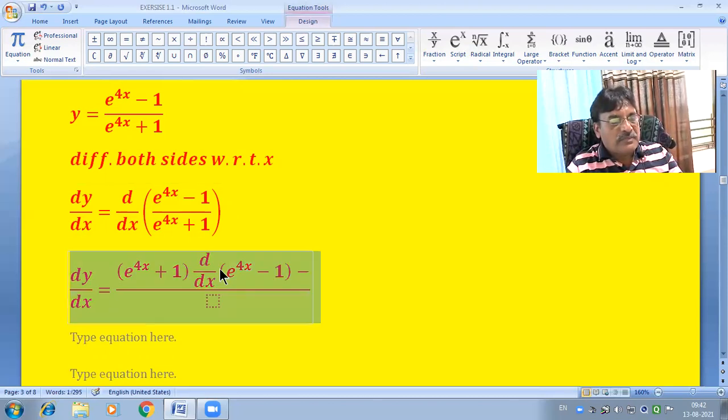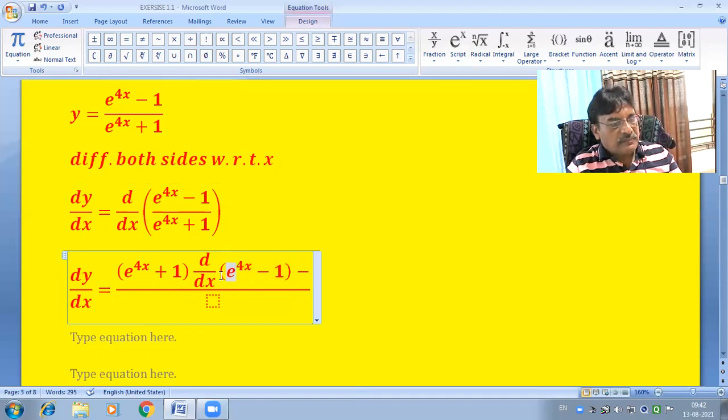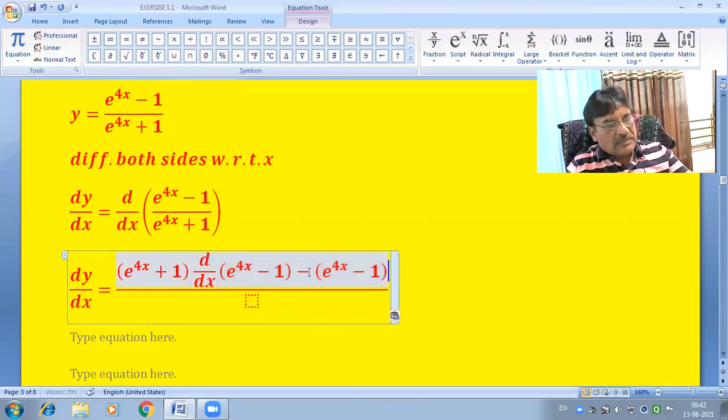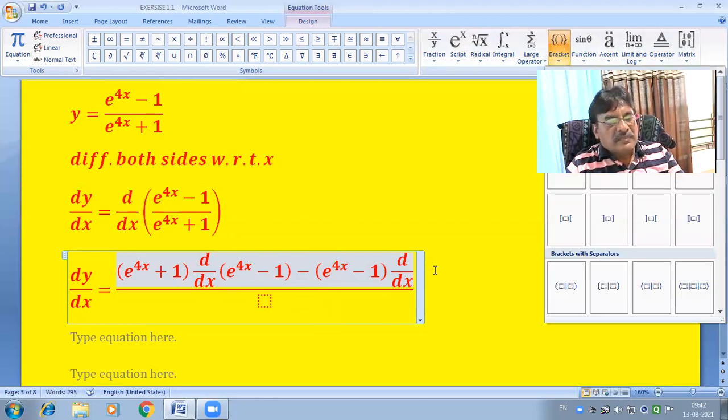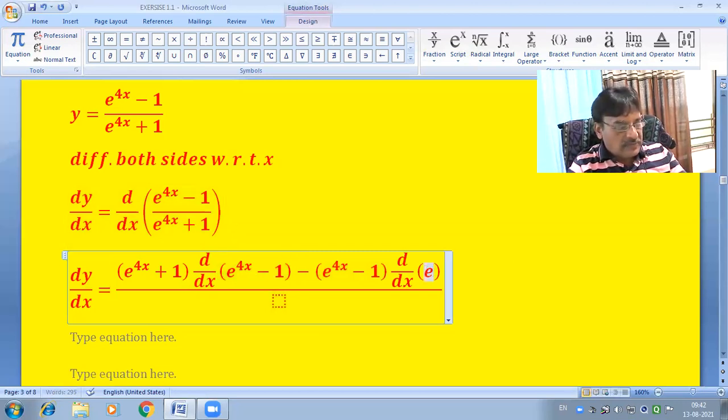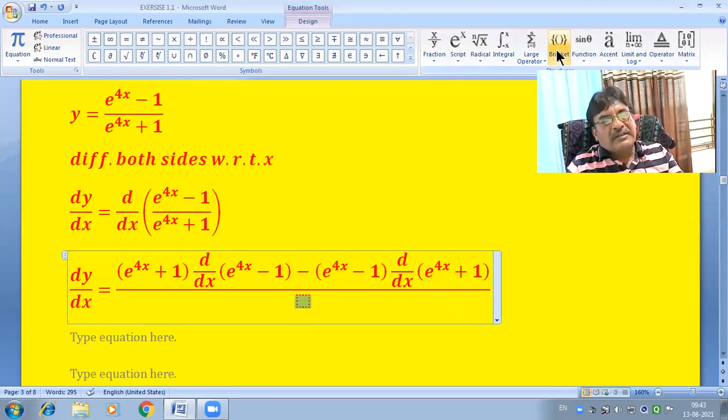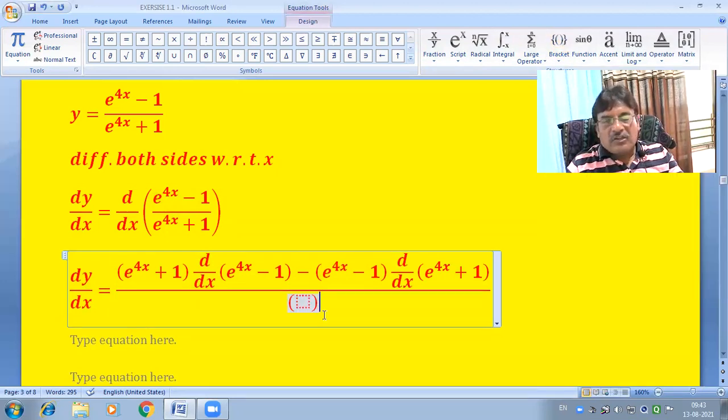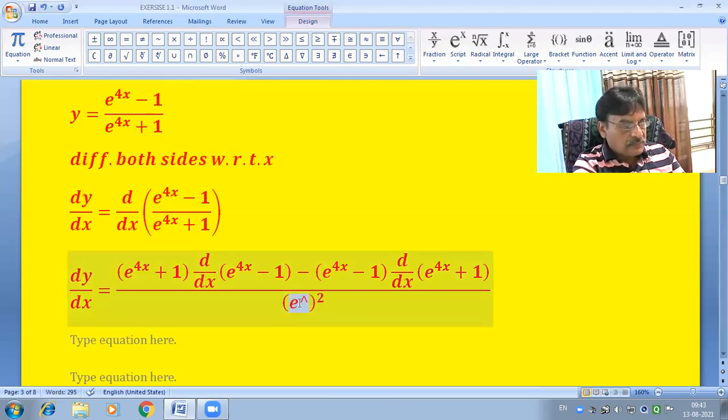This is the numerator, that is e to the power 4x minus 1, into d/dx of the denominator, and the denominator is e to the power 4x plus 1, upon denominator whole square, and the denominator is e to the power 4x plus 1.